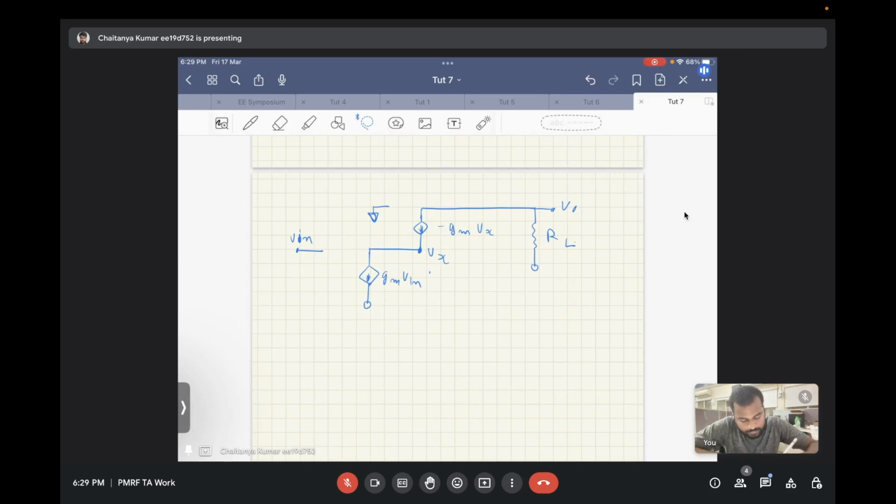So the current that is flowing here, what will it be? This will be Gm times Vin. Now, does the current have any path other than this to flow? Can you tell what will be the current flowing in this direction across RL?